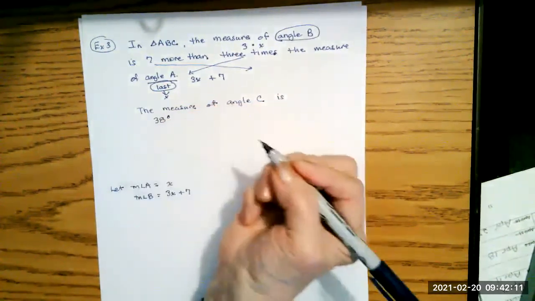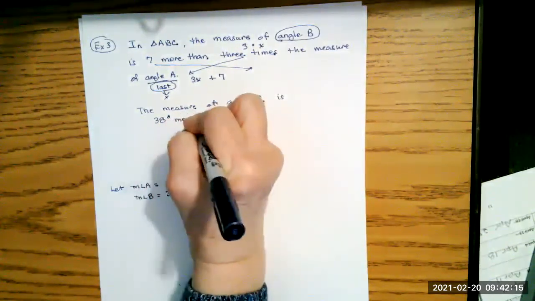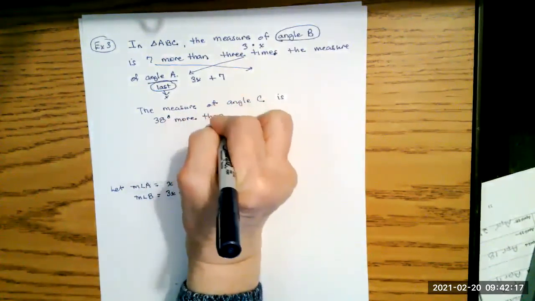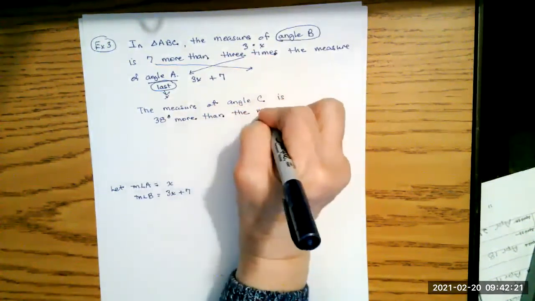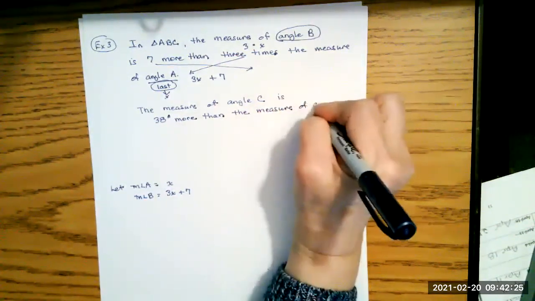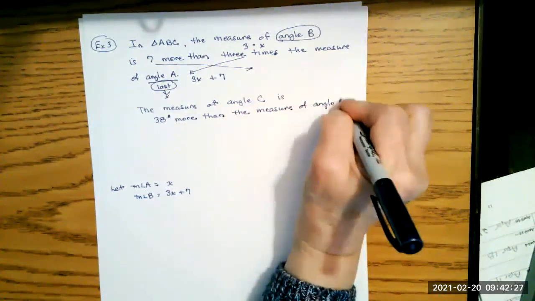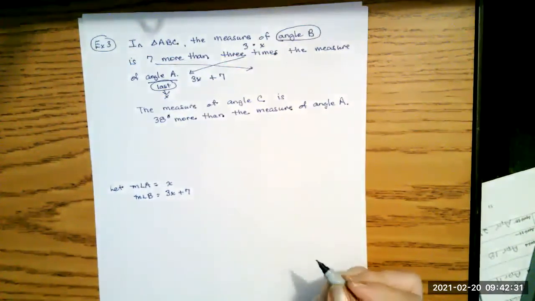Notice that angles are measured in degrees. They can be measured in other things, but in our class they will be degrees. More than the measure of angle A. Now they want us to find the measure of each angle.